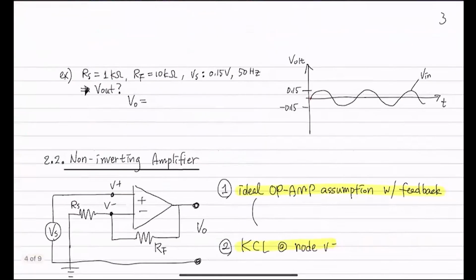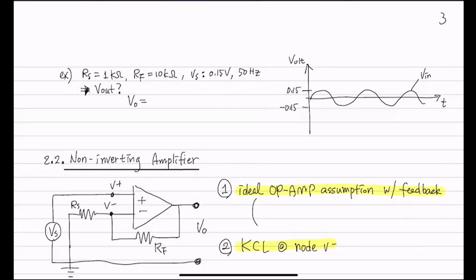So let's try a very simple example. Say we had Rs was 1K, like 1K was connected here, and 10K was connected there, okay? And this Vs, your input signal, was 0.15 volt with a 50 hertz sine wave. What's going to be your Vout?